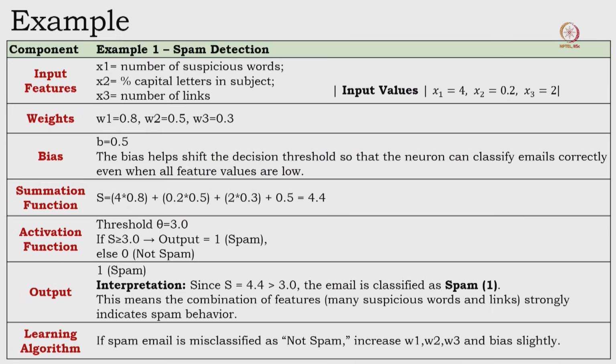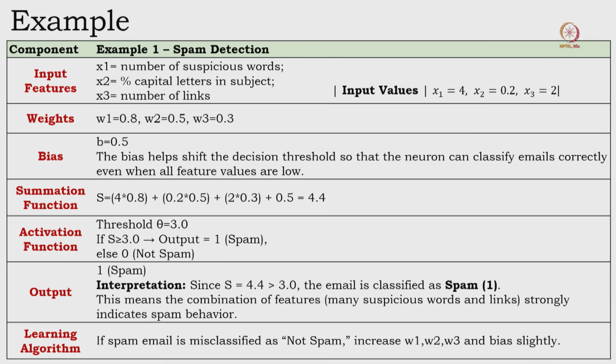Let us understand what we have seen mathematically some time back with a simple example. Suppose there is a requirement where you want to classify whether a given input is spam or not spam. For that we have three input features. One is the number of suspicious words, let us take it as x1.